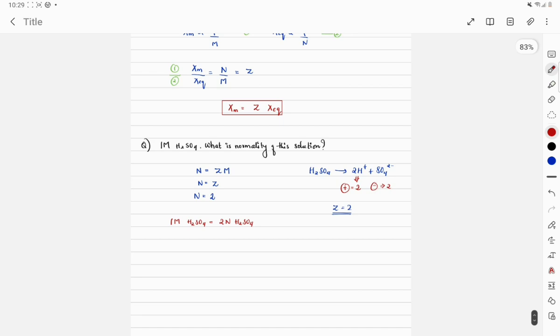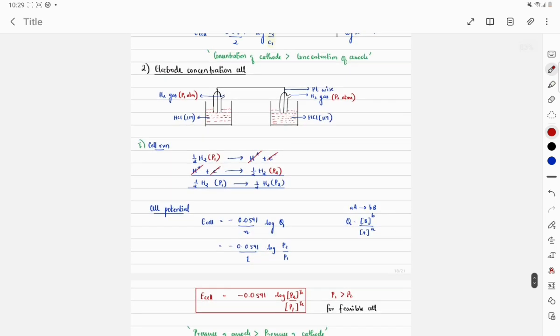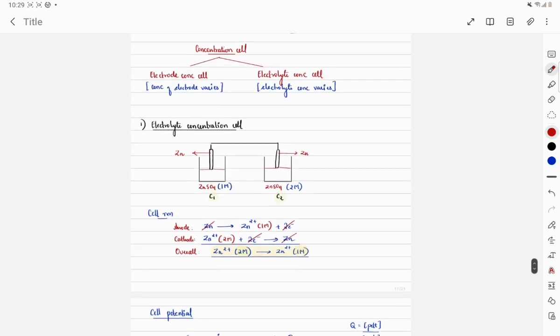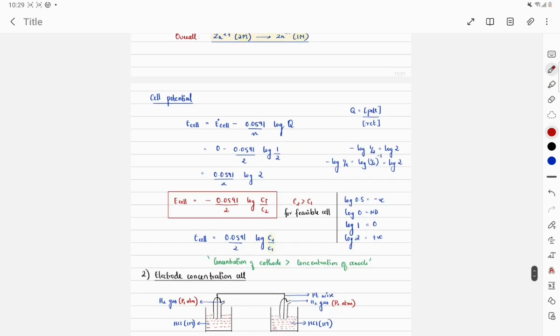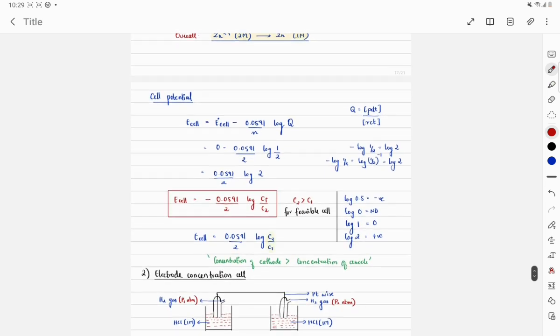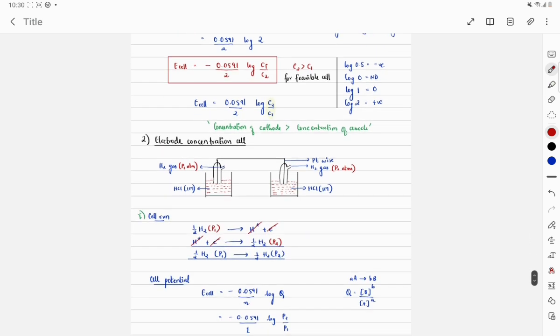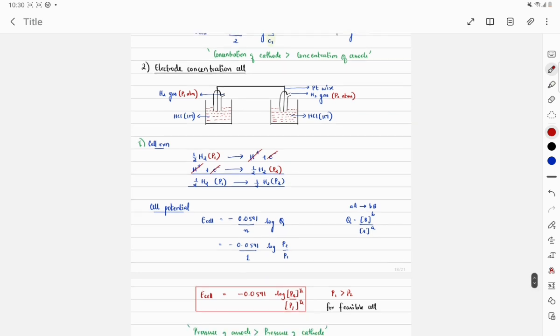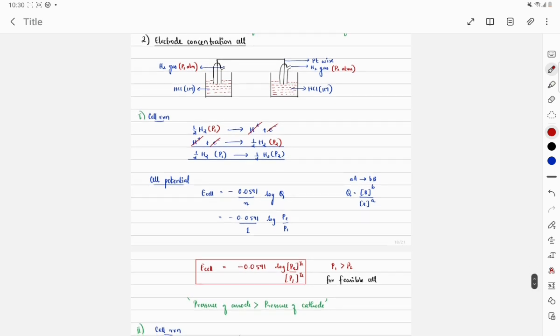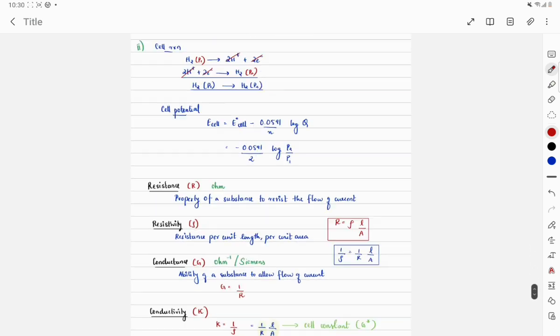So we have seen the electrolyte concentration cell, the cell reaction, cell potential, and we saw that C2 should always be greater than C1. That means concentration of cathode should always be greater than concentration of anode. And then we saw the electrode concentration cell. Firstly, we saw it for a hydrogen electrode with 1 electron involvement and also with 2 electron involvement.